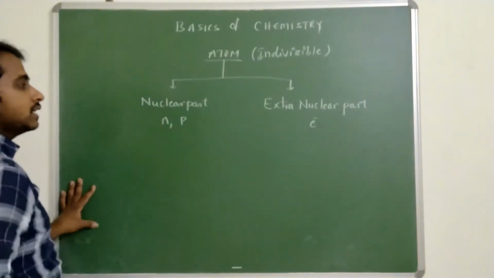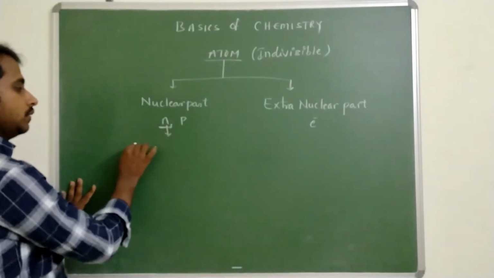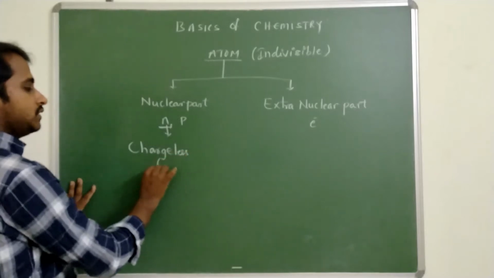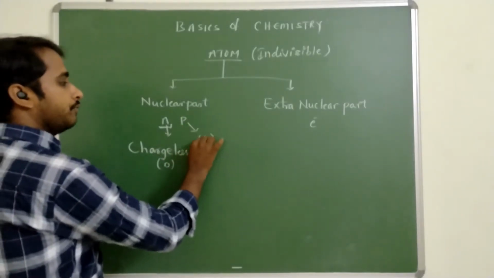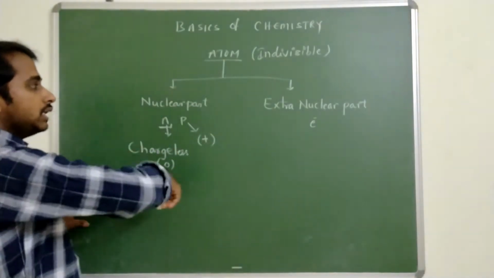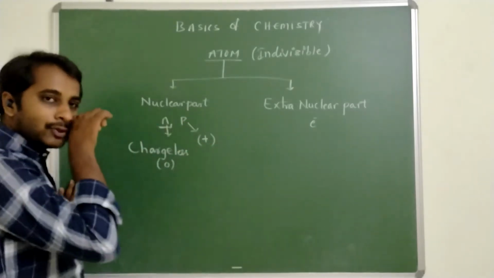So neutrons, as we know, are chargeless particles, meaning zero charge. Protons are positive charge. So what is the overall charge on the nuclear part? The overall charge on the nuclear part is positive.